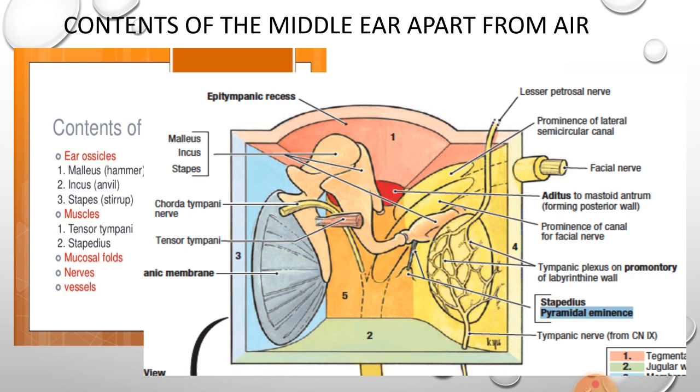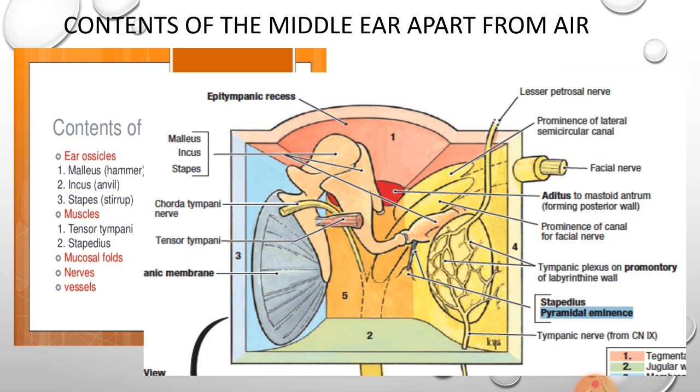Okay, the muscles are also present in the middle ear cavity. These are 2 muscles. One is tensor tympani and the other one is stapedius. I'll show you the pictures of these muscles and then origin, insertion, nerve supply and actions in the coming slides.